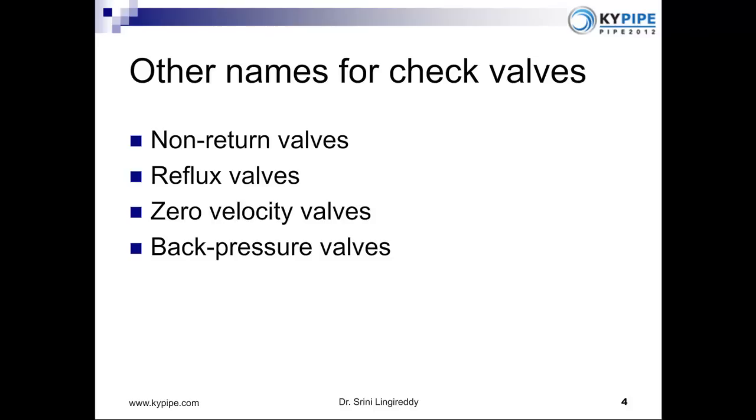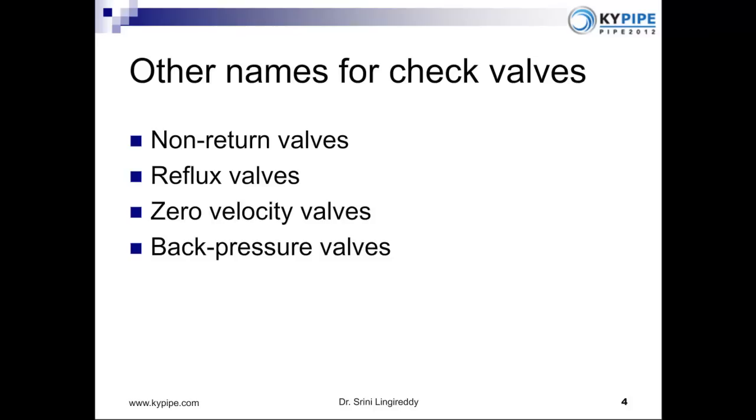But the basic function of this check valve is to prevent flow reversal in the pipeline, and primarily in pump stations. When you're pumping water uphill and there is a pump trip, after the water column slows down, the reverse hydraulic grade line will force the water column to move backwards.